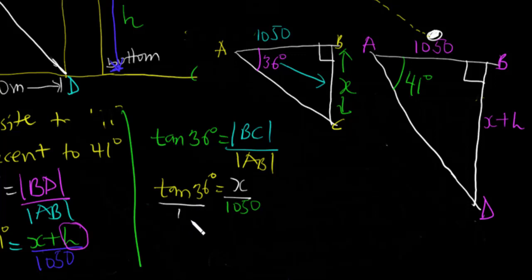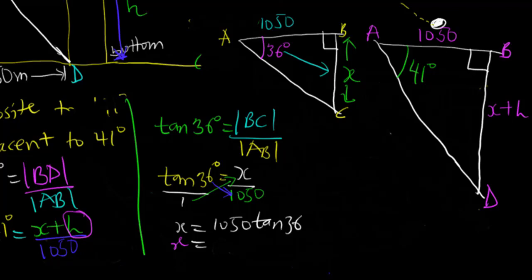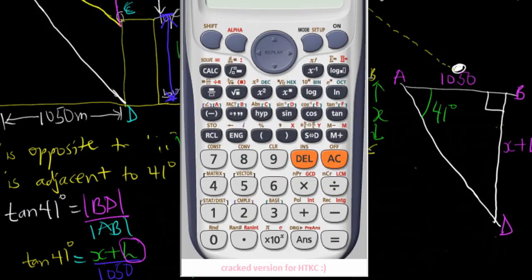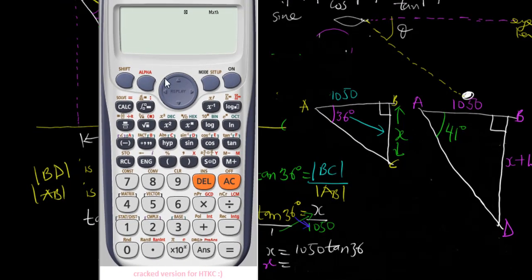So simple cross multiplication here, and you get 1 times x, then we have tan 36 times 1050. So we have x equal to 1050 tan 36. All right, so let's see how this can be solved. Let me pull up my calculator and I'll type 1050 tan 36 degrees.